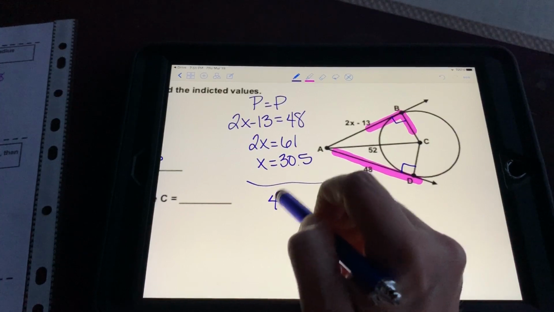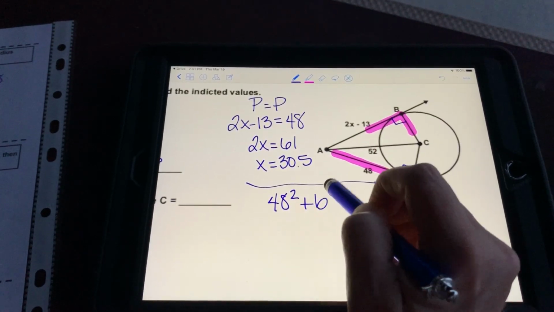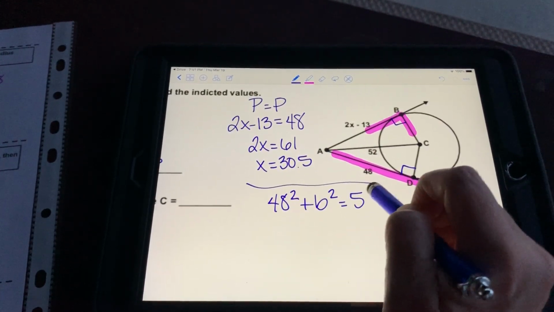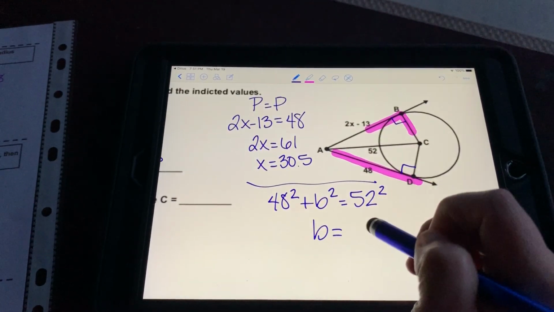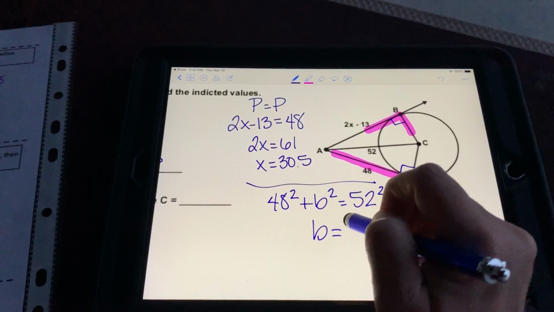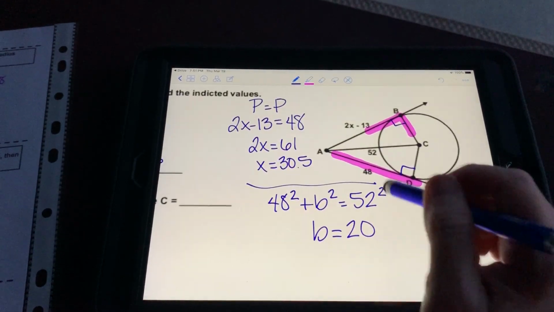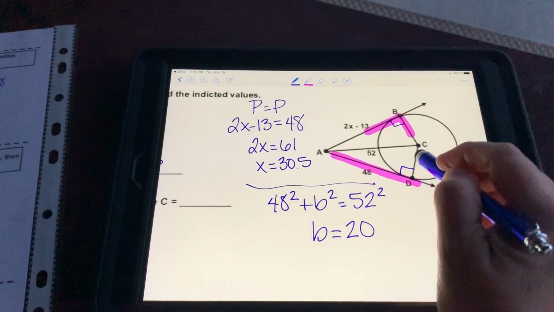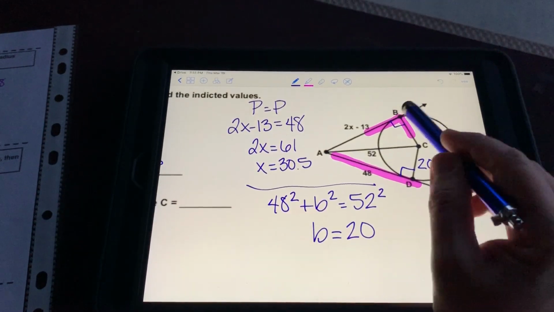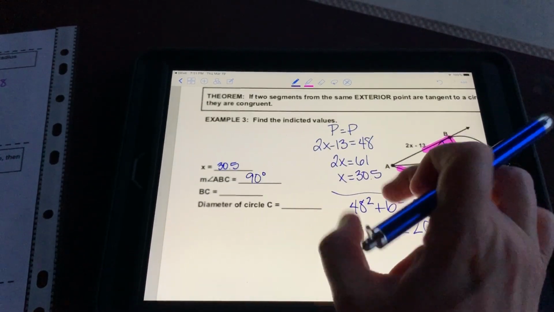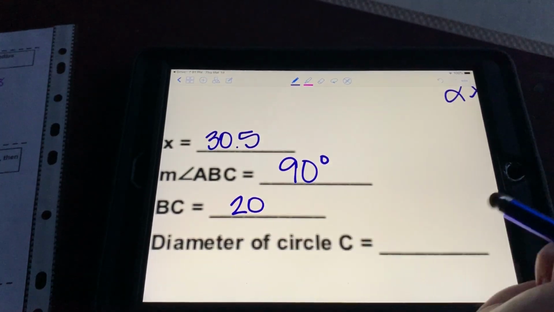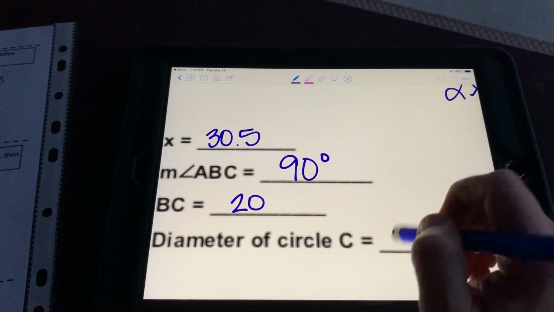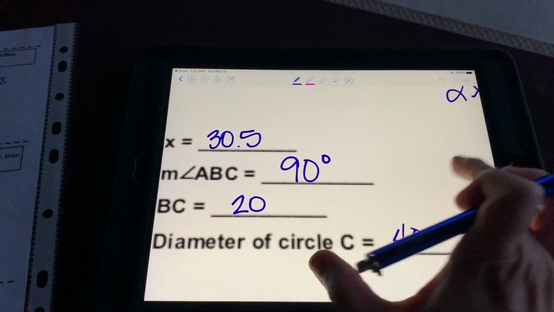So we can say 48 squared plus b squared equals our 52 squared. If we do the math in our calculator, which I know you guys can do, we know that b is going to equal 20. A nice pretty triple for us. So our radii are always going to be 20 here. So we can say the measure of BC is 20. And if that's a radius, then if we look for a diameter, we know we can just double it, and our diameter would be 40.